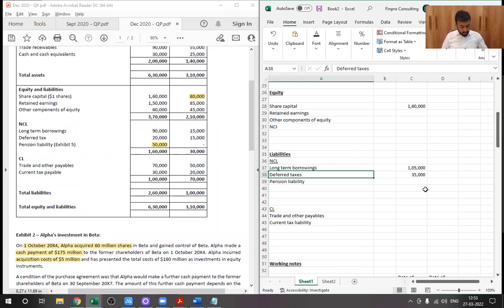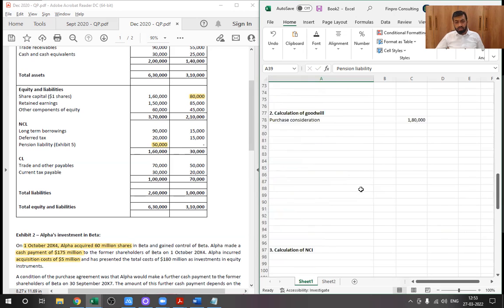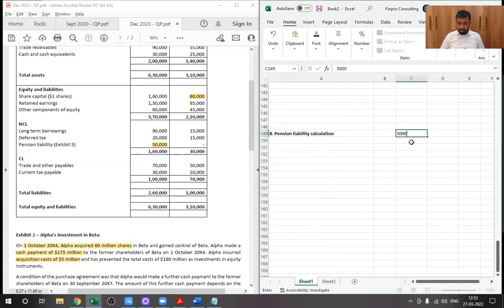So you can note it down for 20,000 plus 15,000 plus whatever it is. You will keep this space. Then pension liability, there is a 50,000. We have working note for this. Go to that working note, pension liability, opening balance, 50,000.